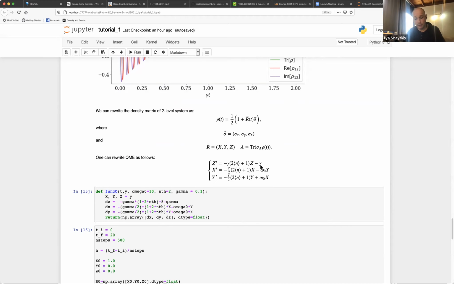So you come into this so-called non-equilibrium steady state. Okay.